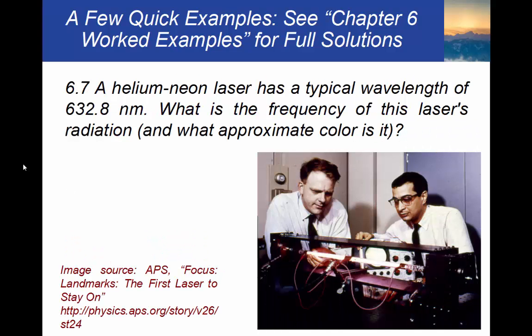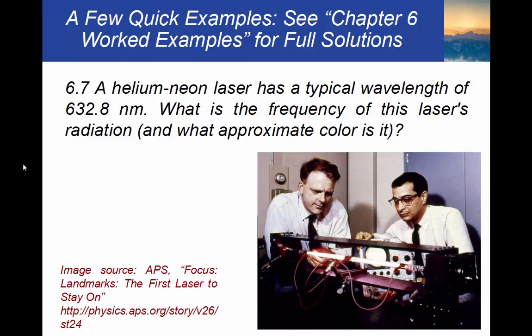Okay, so the 7th example for this chapter is about a helium neon laser. So this is actually one of the early gas-based lasers that they actually were able to make work and stay on, if you will.